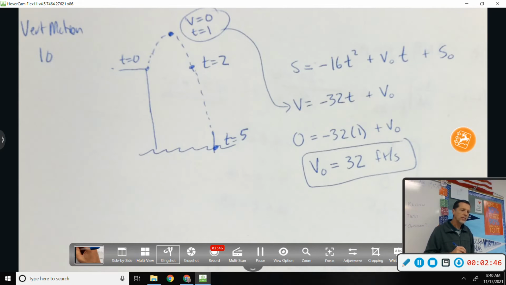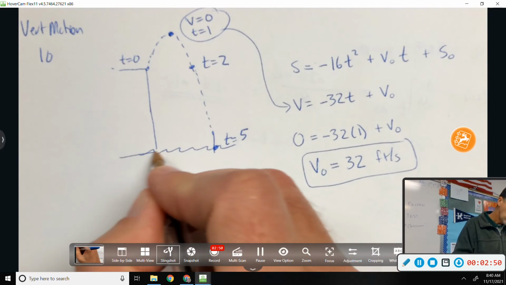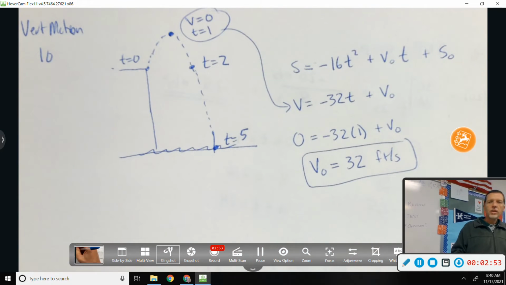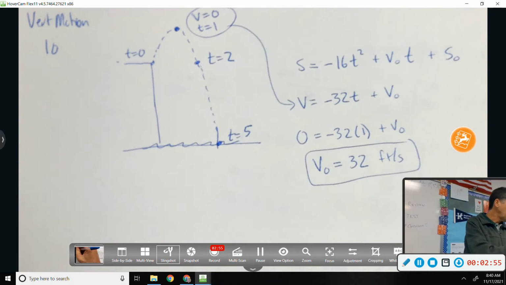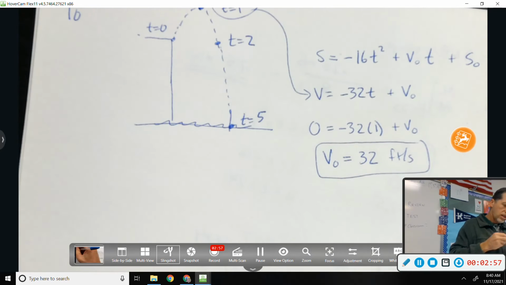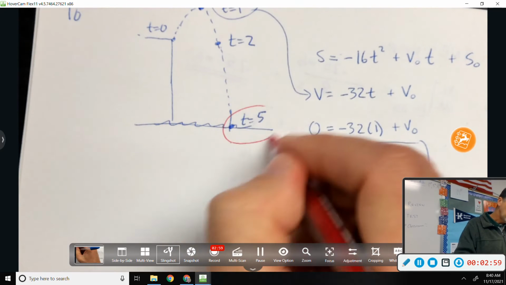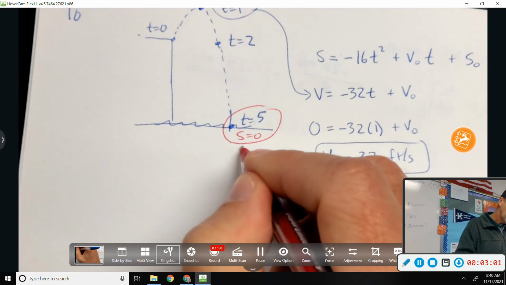And we're trying to find S0. I think we could use this bottom point because when t equals 5, s equals 0.